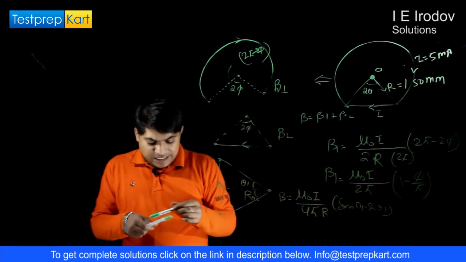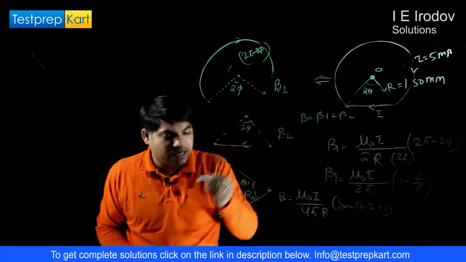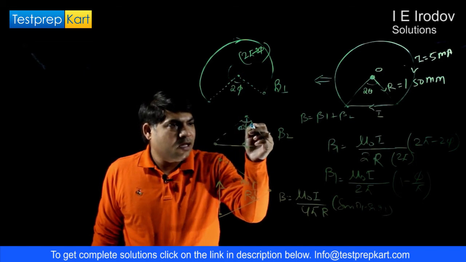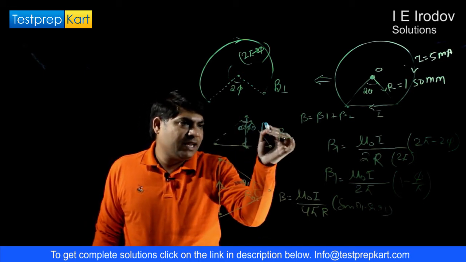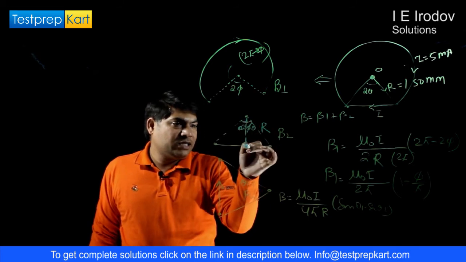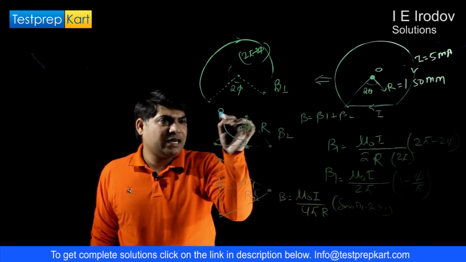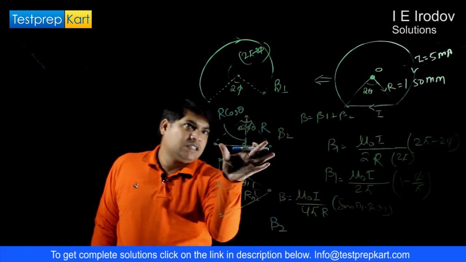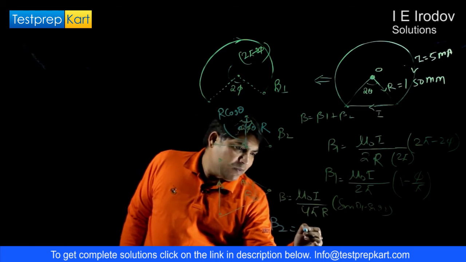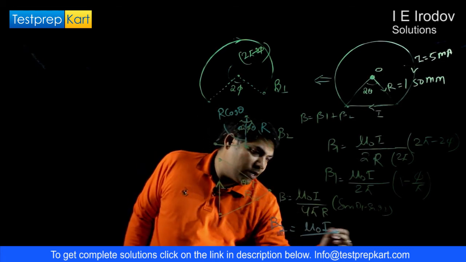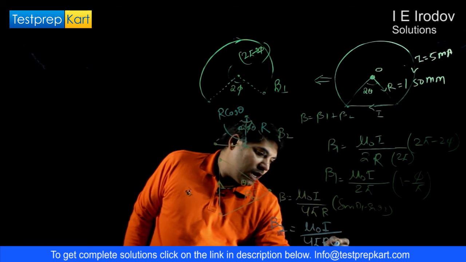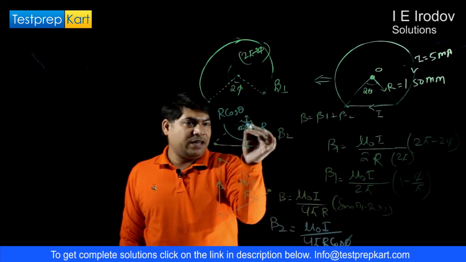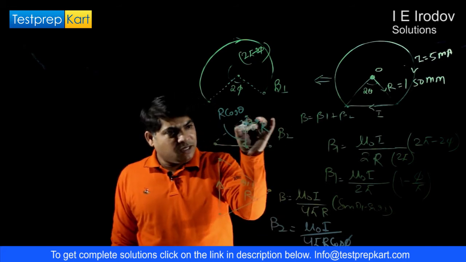In this case, both segments are making angle phi at the center. If we take radius R, then the distance of the conductor from this point is R cos phi. So the magnetic field B2 for this small segment can be written as mu naught I over 4 pi R cos phi into sine phi minus of minus sine phi. If we take this direction positive, then this would be negative.